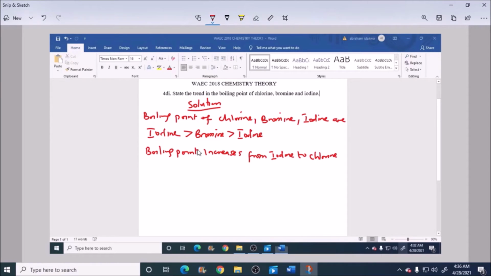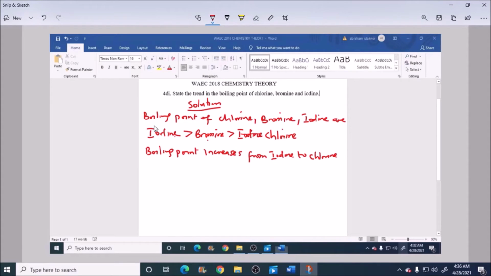So here it is iodine greater than bromine, then bromine greater than chlorine, so the boiling point increases from iodine to chlorine. As explained using the periodic table, boiling point increases down the group, so iodine has greater boiling point than bromine, then bromine has greater boiling point than chlorine.